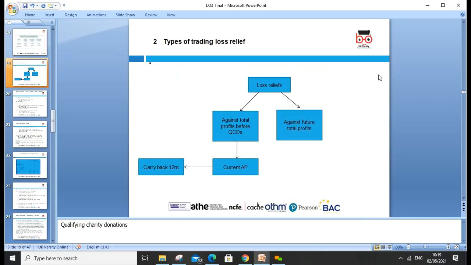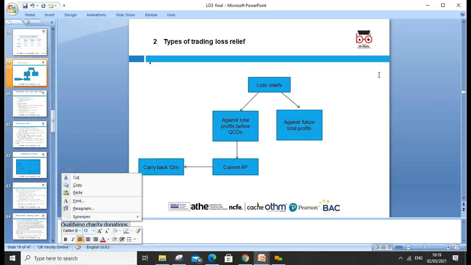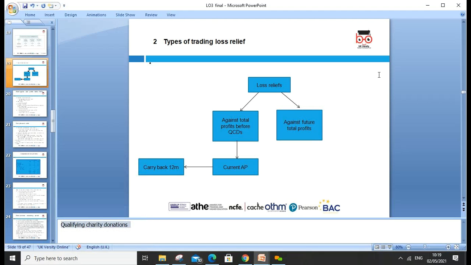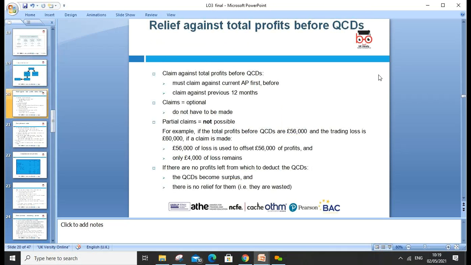Next are types of trading losses, and we can claim the relief. We use the term QCD, qualifying charitable donations. That can be carried back 12 months from the current year, or applied to future profit, which we can do if we have a loss.